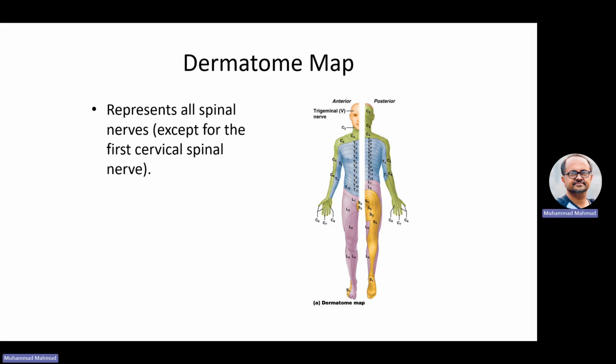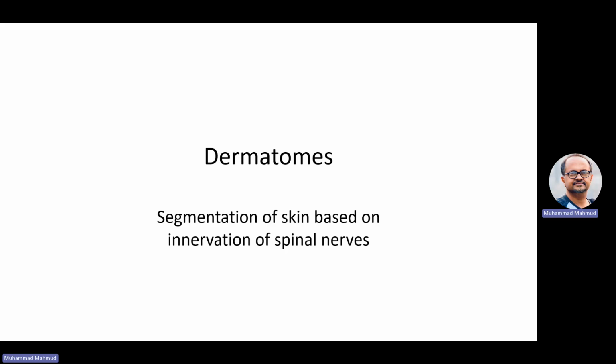It is covered by a spinal nerve. It represents all spinal nerves in that skin. It's called dermatome map, with one exception, which is the first cervical spinal nerve, C1. Except that all spinal nerves are actually innervating the segment of skin.